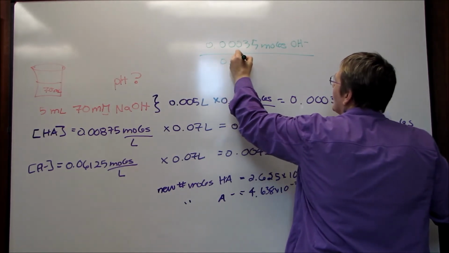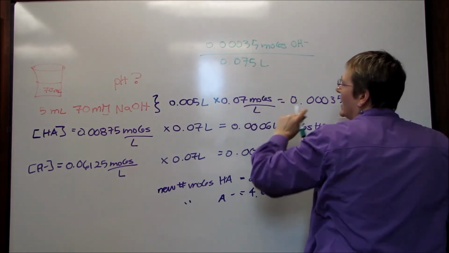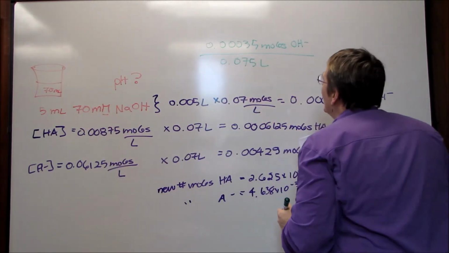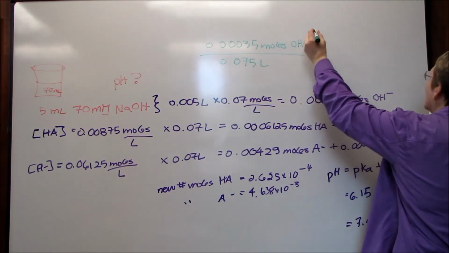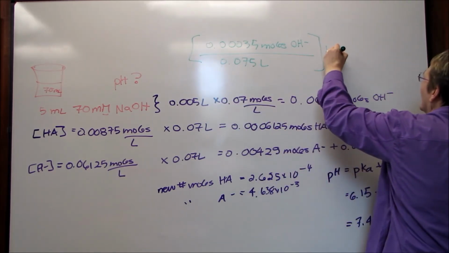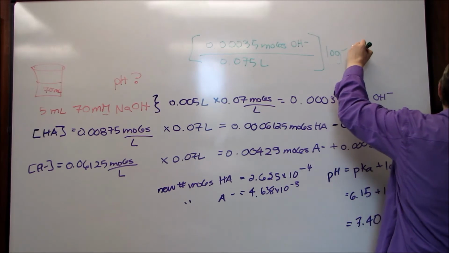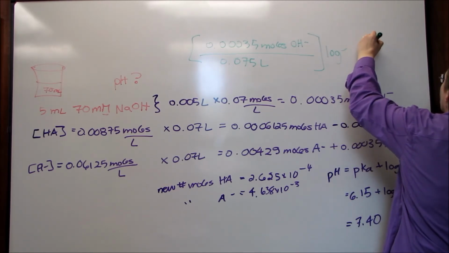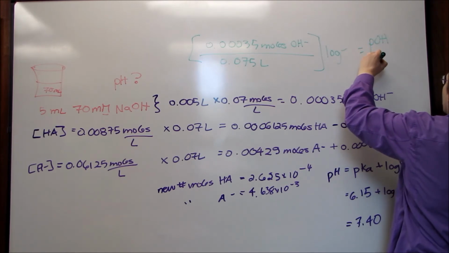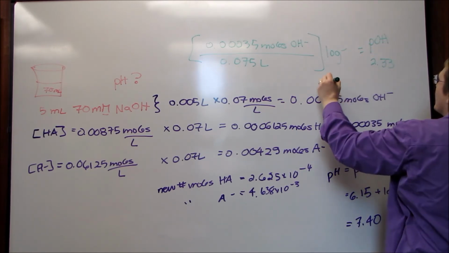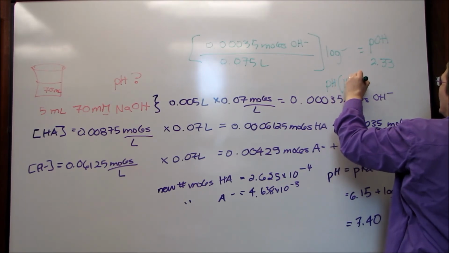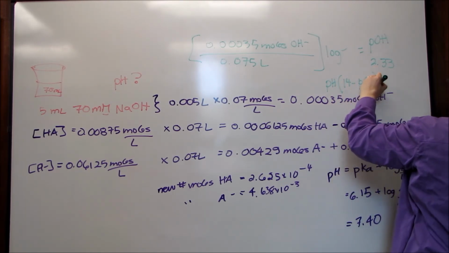So in 0.075 liters. So you've got to add together the 70 mils of water and the 5 mils of base. We figure out what the concentration is, take the negative log, and that gives us pOH, right, which is 2.33, which would give us a pH, which is 14 minus the pOH, of 11.67.